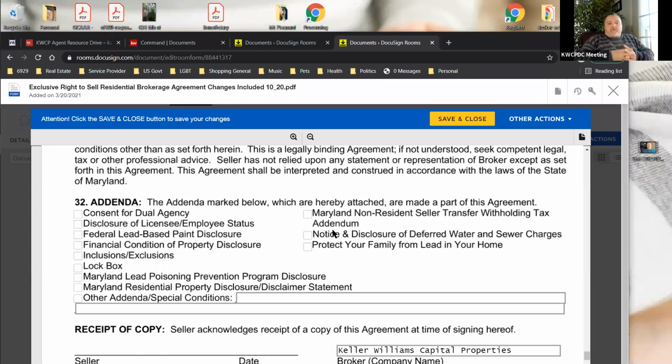All right. So paragraph 32, we are including specific addenda as attached to this contract. If you do not check the boxes here, you could be causing a situation that could cause some gray area, a potential argument as to whether or not some conditions are going to be attached to this offer. So if we're going to be in dual agency, you've provided consent for dual agency.